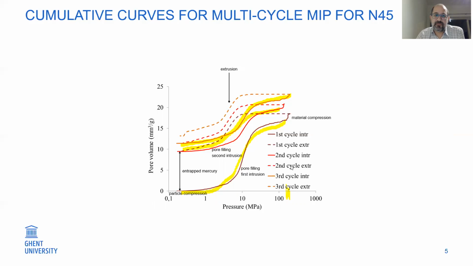We also observed some differences between the intruding branches and the extruding branches, the extruded branches being shown in dashed lines here. In the literature, these are mostly explained not only by the entrapped mercury, but also by the different contact angle that is produced during both processes.